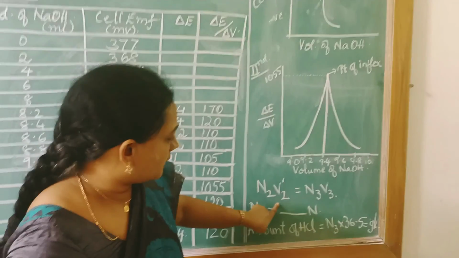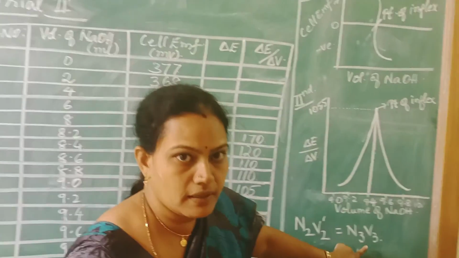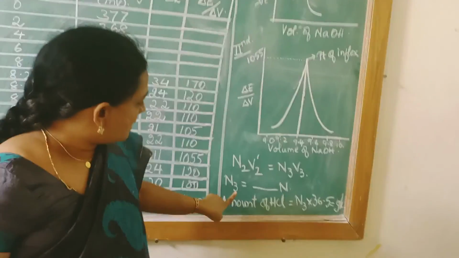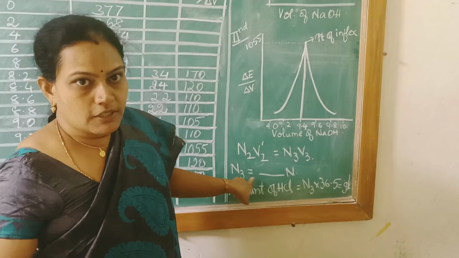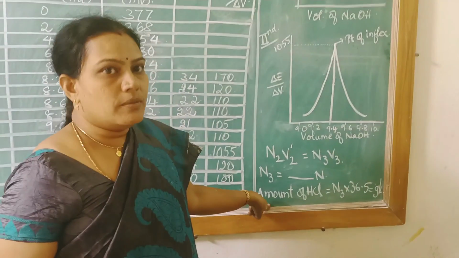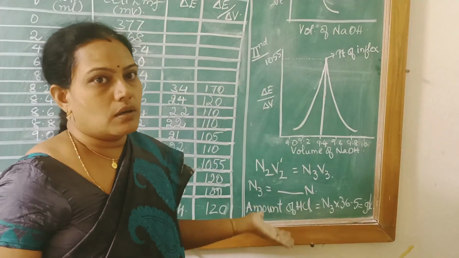So accordingly, I have to calculate N2 into 9.4 is equal to N3 into 20 ml, because we take 20 ml of HCl. So I calculate the normality of HCl and then obtain the amount of HCl. Now weight by gram equivalent weight into volume is given as normality.